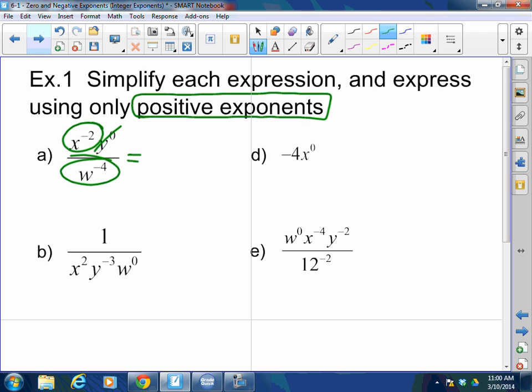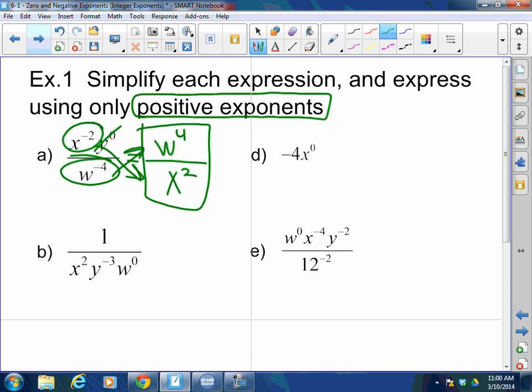How do I rewrite this expression so that I have positive exponents only? Sir, you bring this guy up. Go ahead. Very good. You bring the x down. So this would be w to the 4th over x squared. Done. Bye-bye. Have a good day. Does that make sense? Awesome.